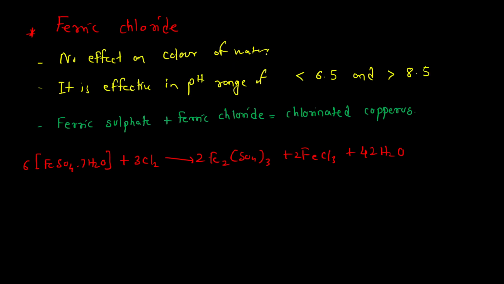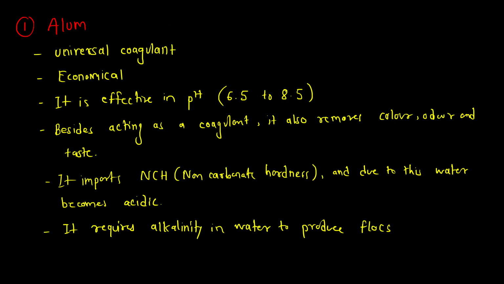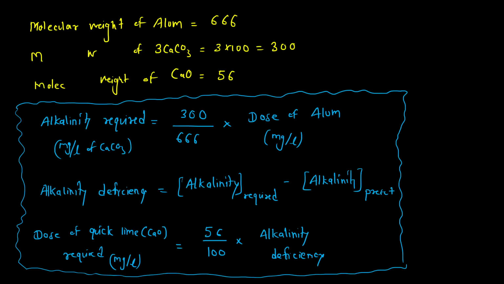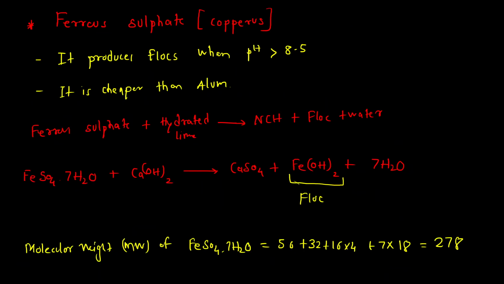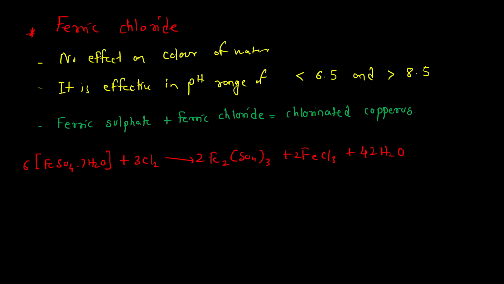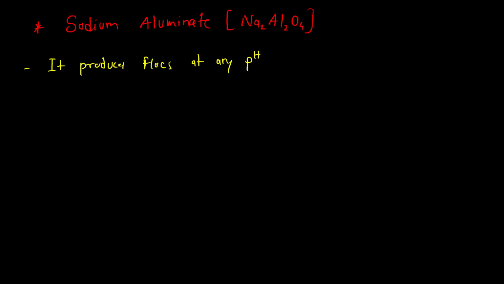We have seen that alum produces floc in the range of 6.5 to 8.5, ferrous sulphate produces floc at greater than 8.5, and ferric chloride produces floc at less than 6.5 and greater than 8.5. Whereas sodium aluminate is an all-rounder, it is effective at any pH.